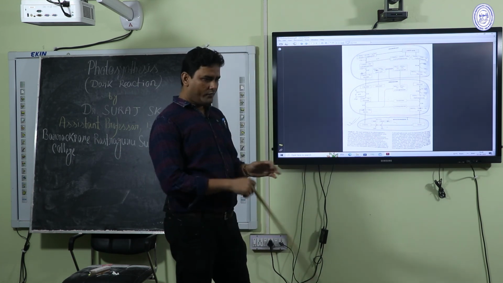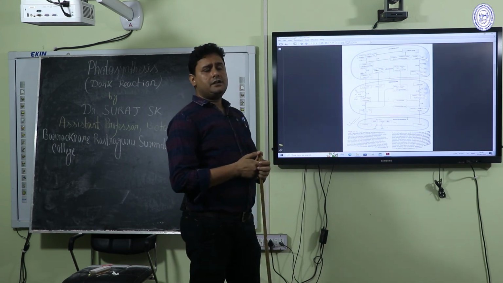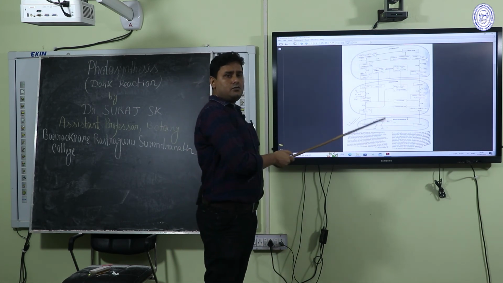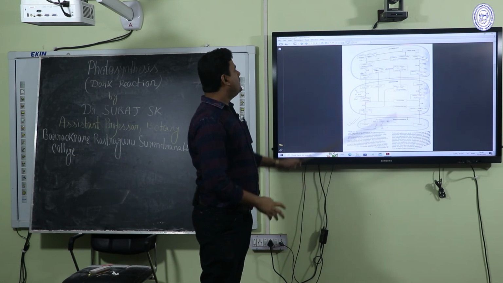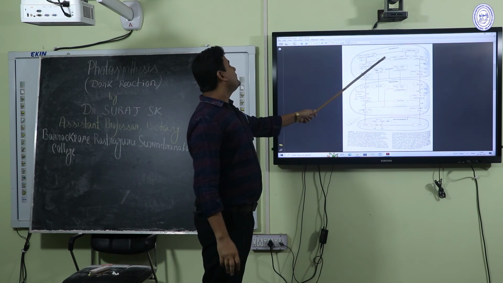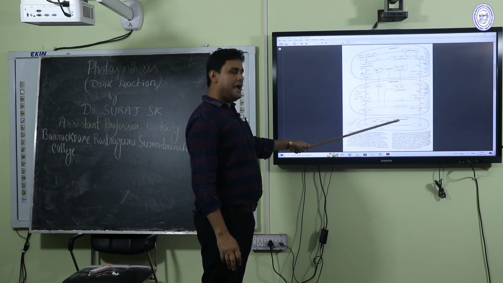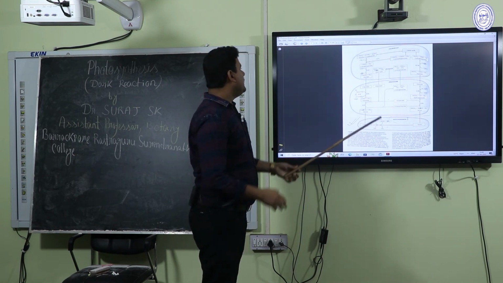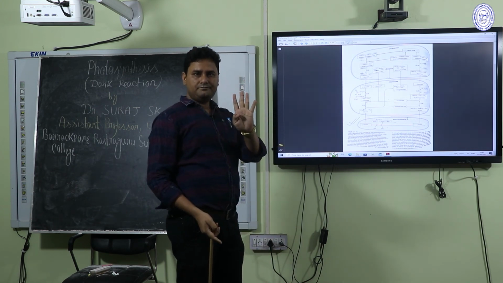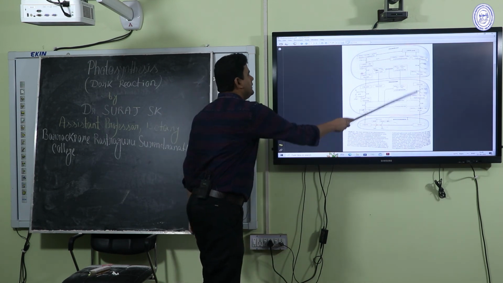So, in photorespiration, we saw that three cellular organelles are required: chloroplast, peroxisome, and mitochondria. It is a 10-step procedure.